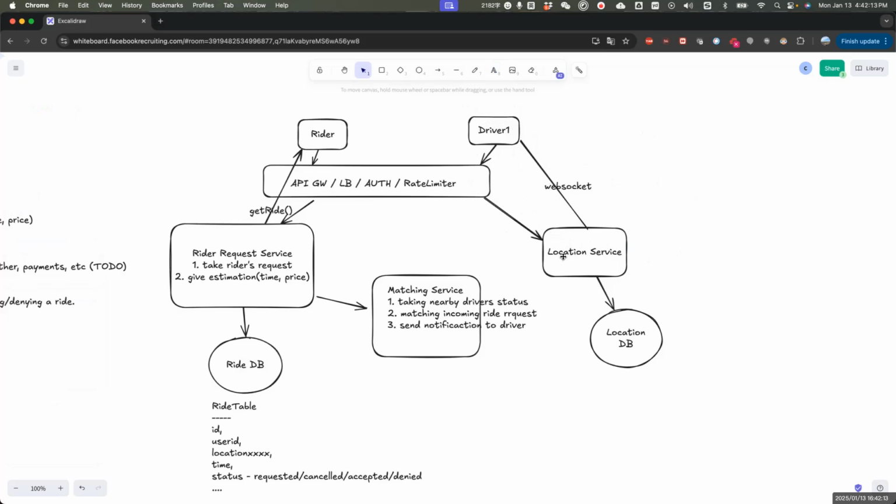And because of this, the location service is stateful. It's a stateful service that hosts a particular set of drivers' information.